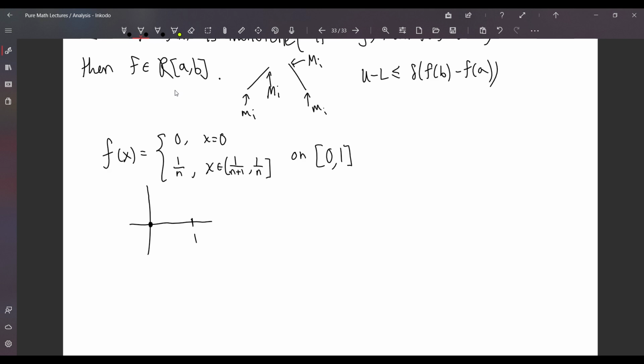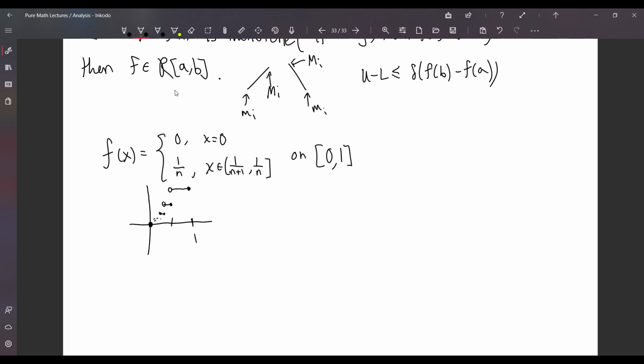If x is between a half and 1, then f of x is equal to 1. So you have 1 here, and then all the way to a half, it's going to be equal to 1. But once you hit a half, then you're at n equals 2. Your value is going to be 1/2, and then you're going to go to a third, and you just keep dropping like that. Right? So this is monotone increasing, although it's not continuous.